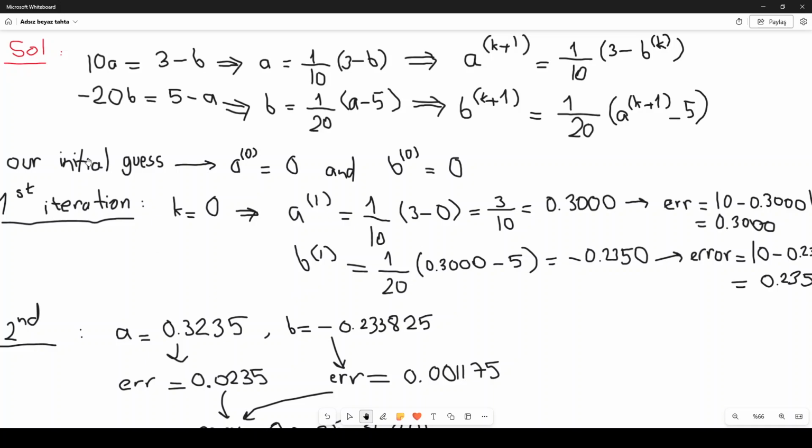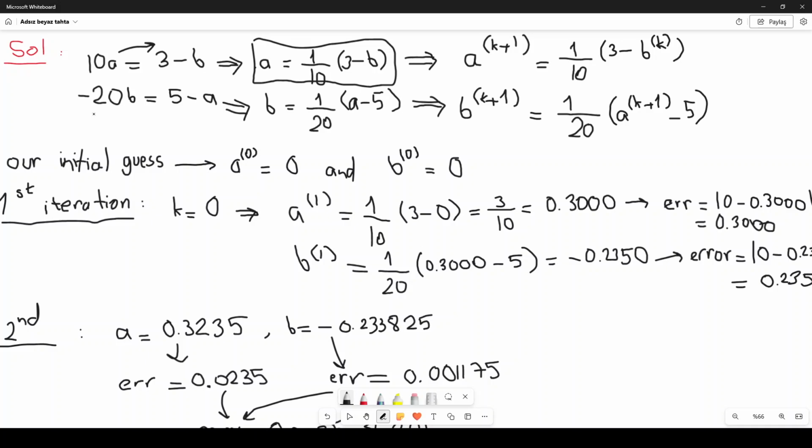So in the first equation, I isolate the unknown variable a. I move anything else to the right hand side besides a, and then I divide both sides by the coefficient of a, which is 10. And then I get a is equal to 1 over 10 times 3 minus b.